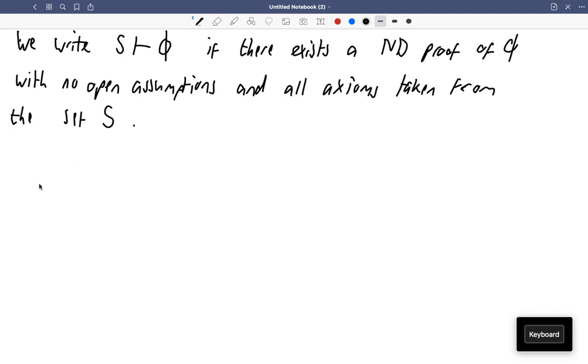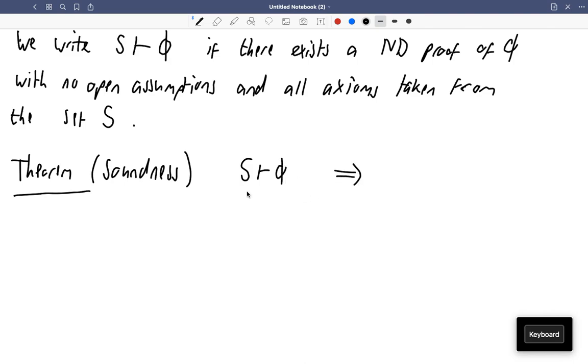And the theorems are the same as in propositional logic. So again, we have the theorem soundness, and that is: if phi is provable from the set S, then phi is indeed a logical consequence of the set S. So it is indeed entailed by S. So once again, just as with propositional logic, that says the rules of natural deduction are correct for predicate logic.